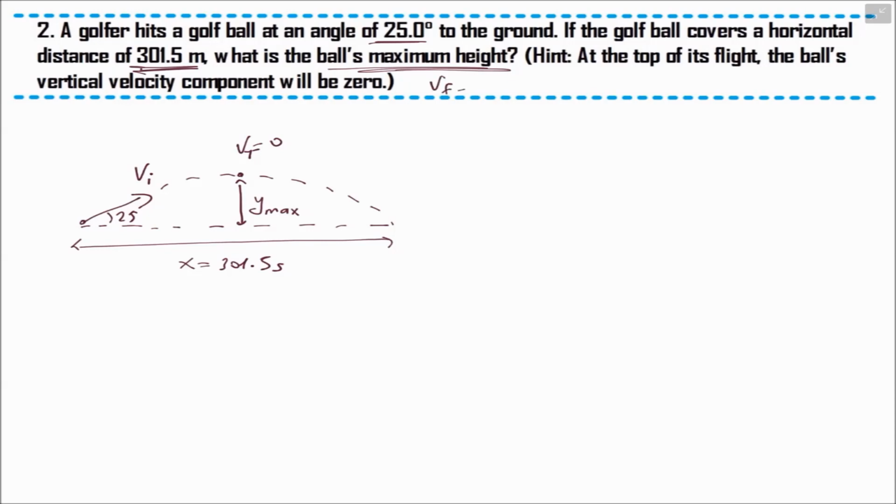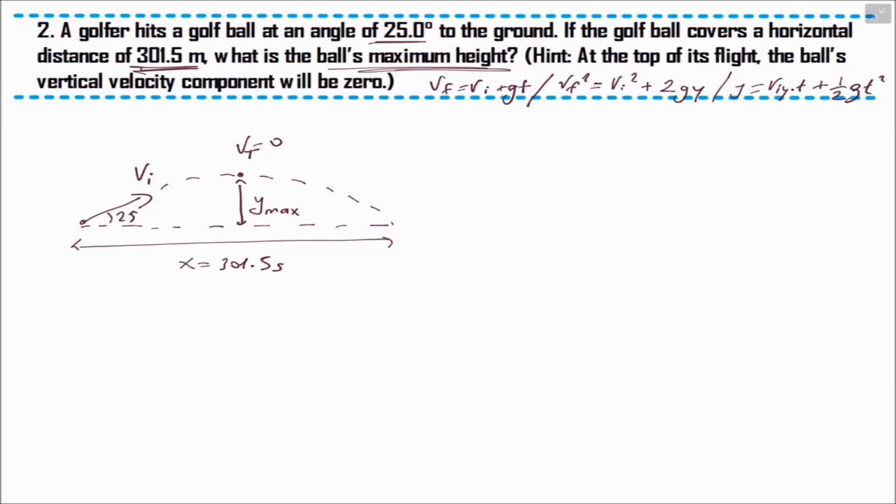We have some formulas: v final equals v initial plus g t, v final squared equals v initial squared plus 2 g y, and y equals v initial y times t plus half g t squared.